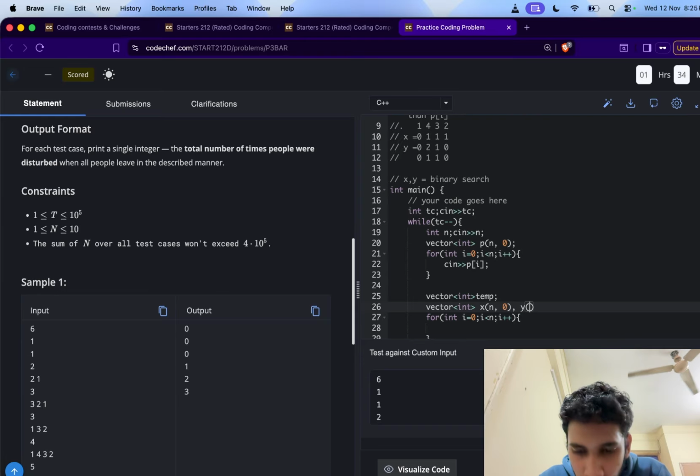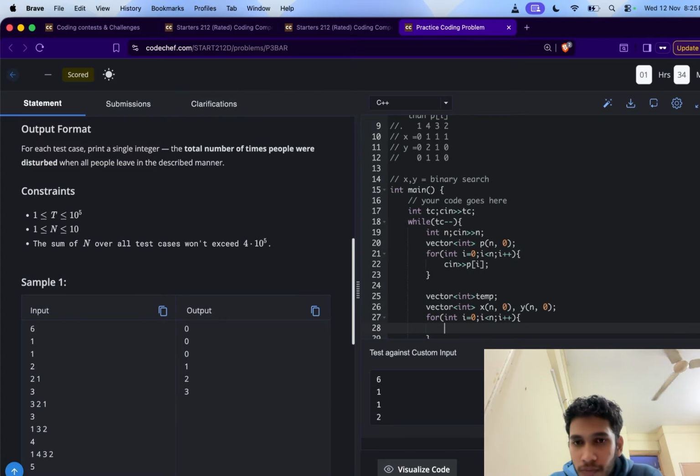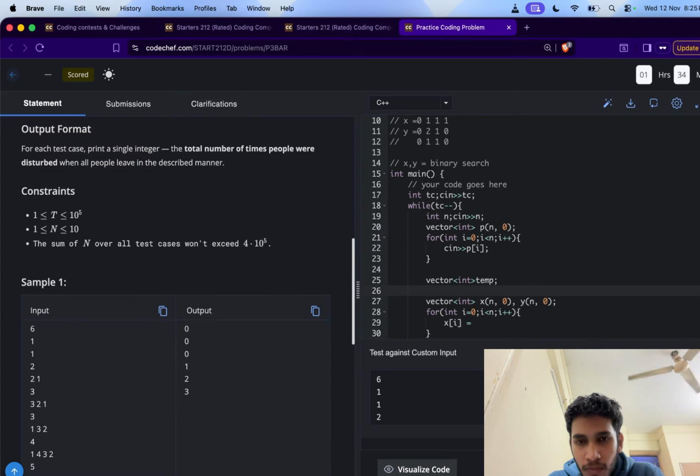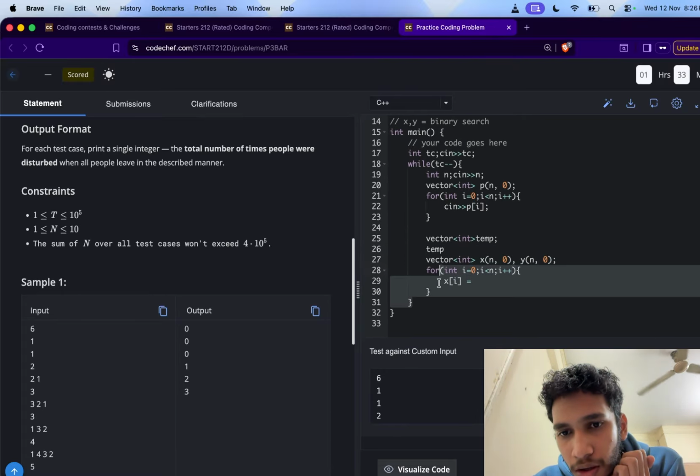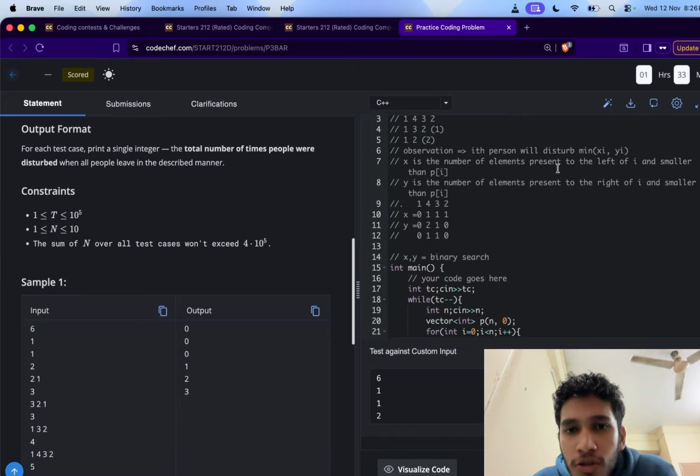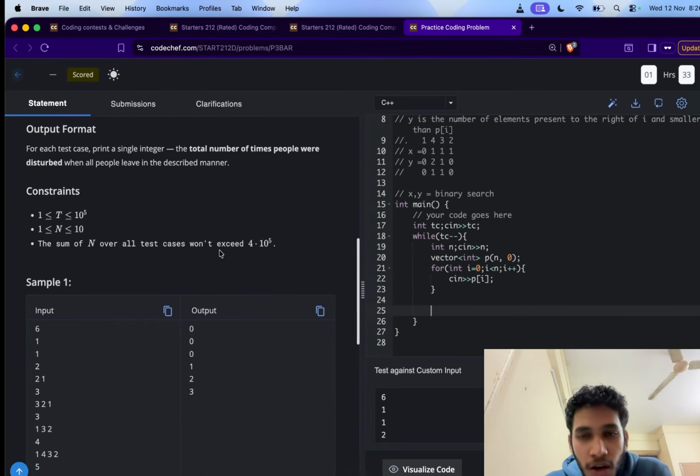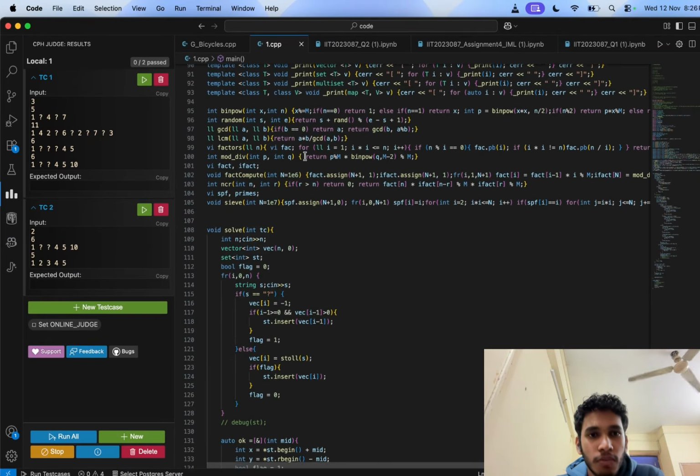And what is the size of y? It's n. Just inserting would be a problem. Let me think for a minute. Okay, so the only option I am currently left with is using PBDS.